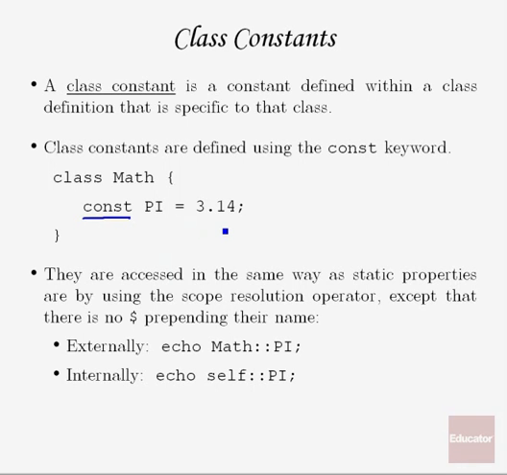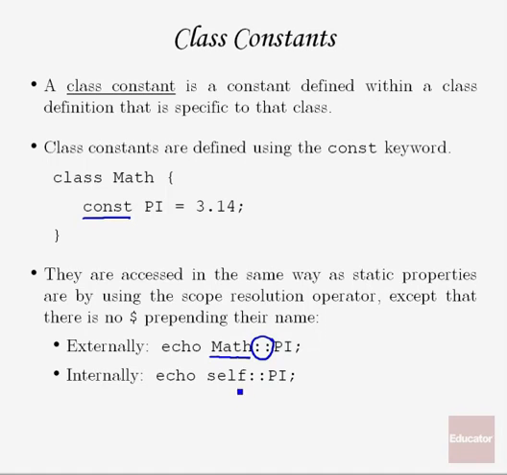Because it's constant, it can't change, so it's going to be the same in all the different instances. So it makes sense that you would access it like a static property, and you do that outside the class using the scope resolution operator again. So you have the class name, in this case Math, the scope resolution operator, followed by the name of the constant. That's how you would access it from outside the class.